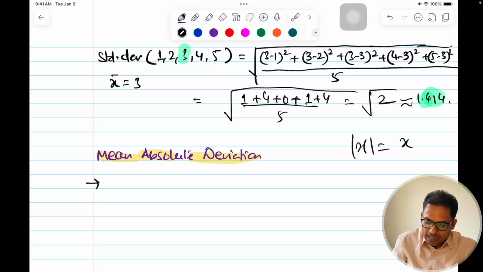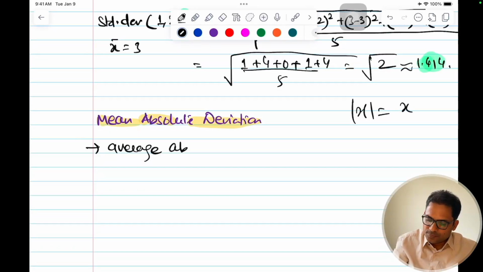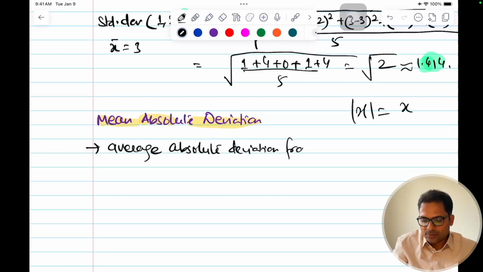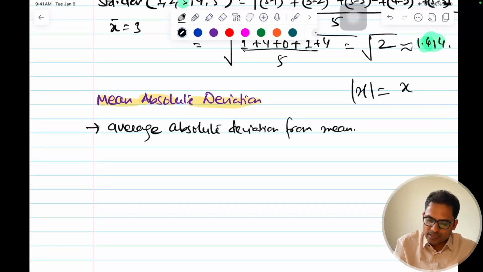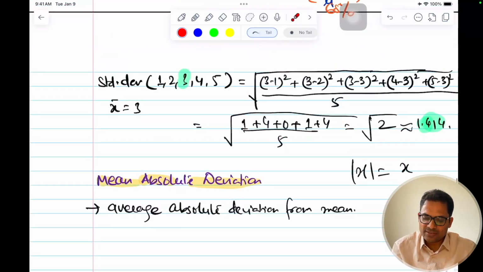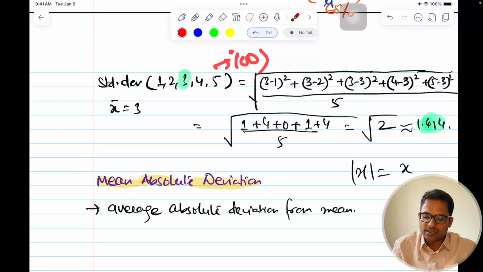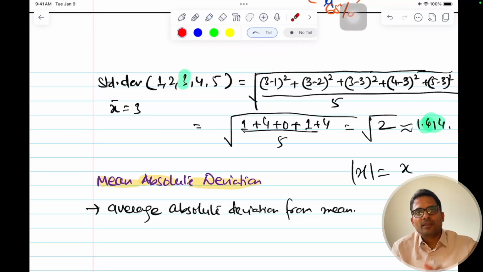So this is the average absolute deviation, or distance deviation, from the mean. This is less sensitive to extreme outliers. For example, instead of 5, if I have 100 here, this 100 will be squared, and this will make the standard deviation move towards the outlier.